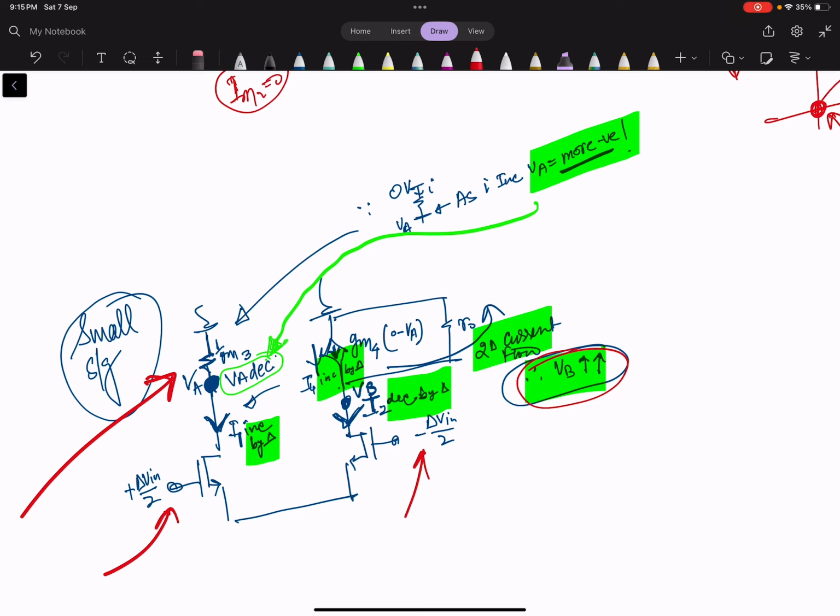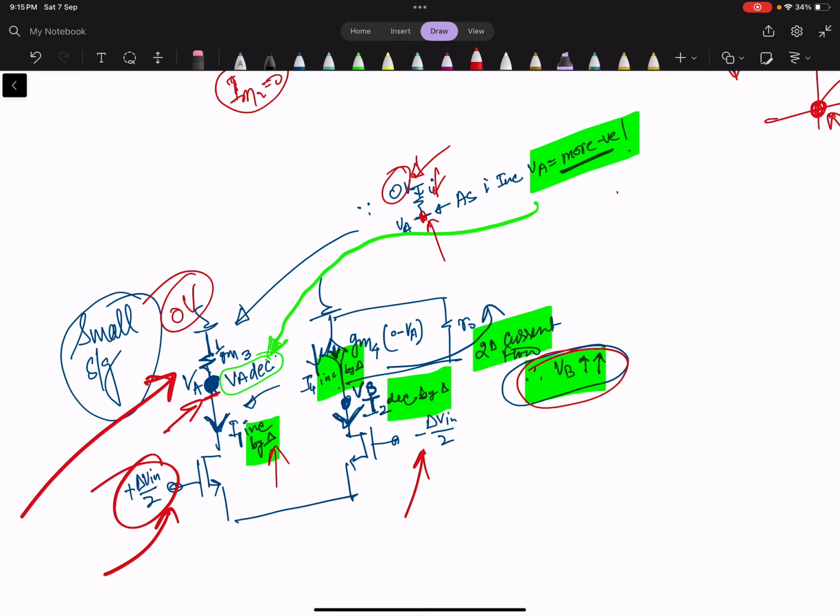Let's increase this voltage. It means that this current will increase by delta, let's say. So what does it mean? It means that this potential will decrease. How? Because this is 0 volt, and if one node is 0 volt and you are increasing the current from the branch, this voltage VA is decreasing in the negative direction.